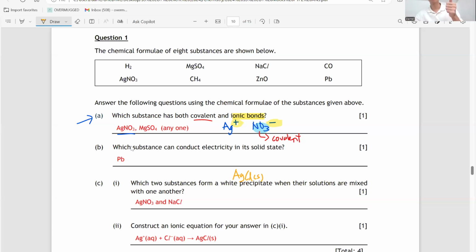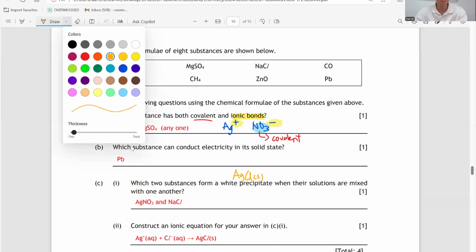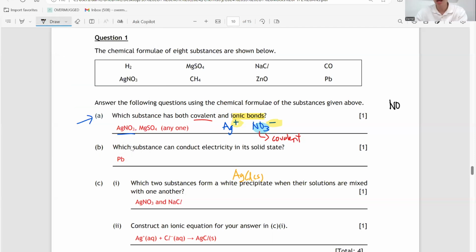Are we good? So the few common suspects are usually NO3 minus. So if you want to, you can write this down with me. NO3 minus, SO4 2 minus, CO3 2 minus. These are the common few whereby they will contain the covalent that could be attached to an ionic, right? Because they got charge, so I can form ionic quite easily.